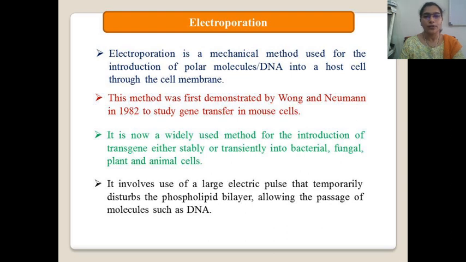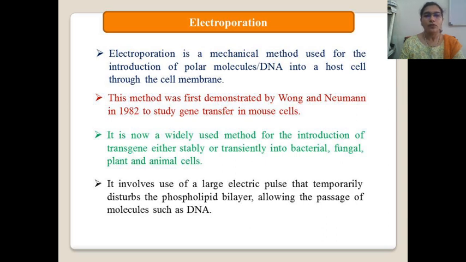that is electroporation. Electroporation is sometimes defined as the electrical method of gene transfer. It is specifically for protoplast. Electroporation is a mechanical method used for the introduction of polar molecules or DNA into the host cell through the cell membrane.